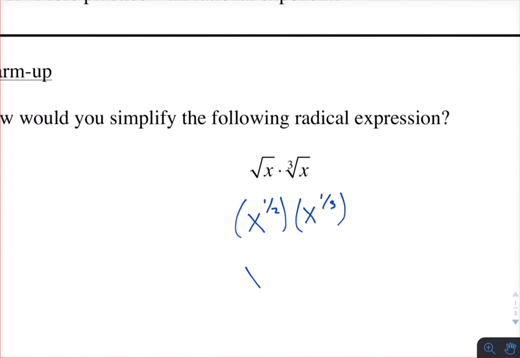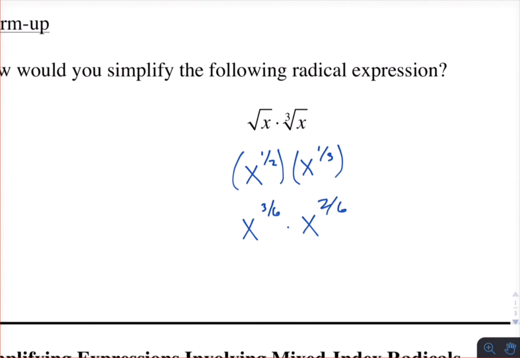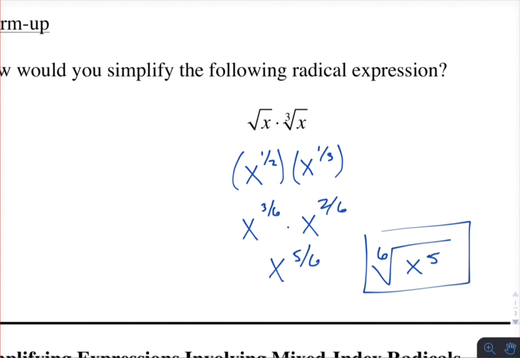So that's basically x to the 3/6 times x to the 2/6, giving us x to the 5/6. Now, since the problem started out with radicals, we're going to finish the problem with radicals, and we're going to write this as the 6th root of x to the 5th. And there you have it.